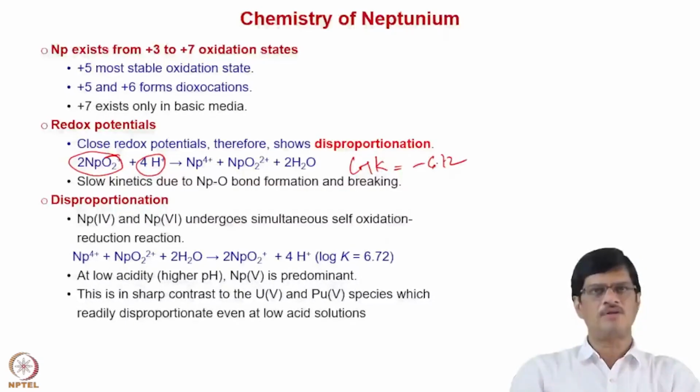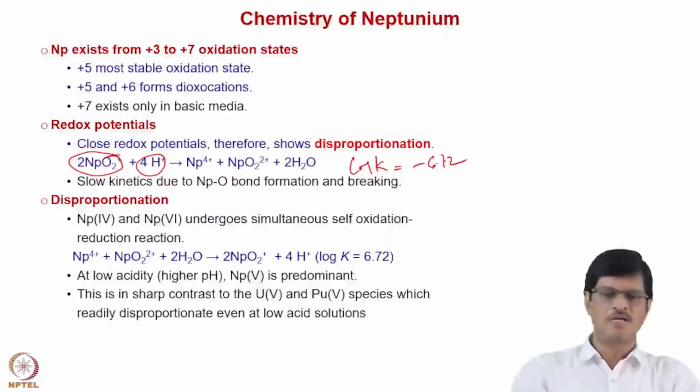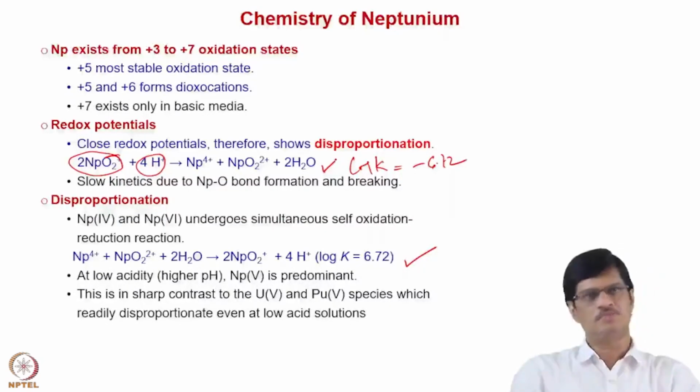Also, there are other disproportionation reactions, like neptunium 4 and neptunium 6. They undergo the simultaneous self oxidation-reduction reaction as given here, and this is just the opposite of the equilibrium reaction given at the top, which is the disproportionation reaction of neptunium 5.